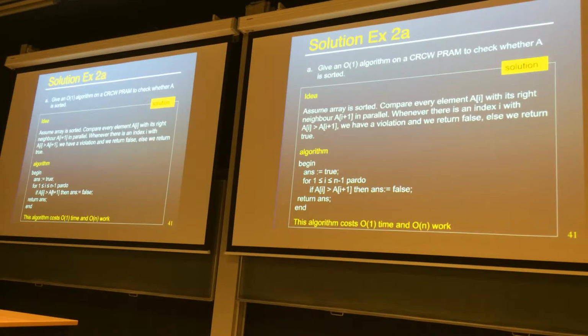And this, of course, requires a CRCW. Why? Well, you are possibly writing multiple violations to the same memory location. So you can easily see that this algorithm costs you constant time and O(n) amount of work. And it requires CRCW.